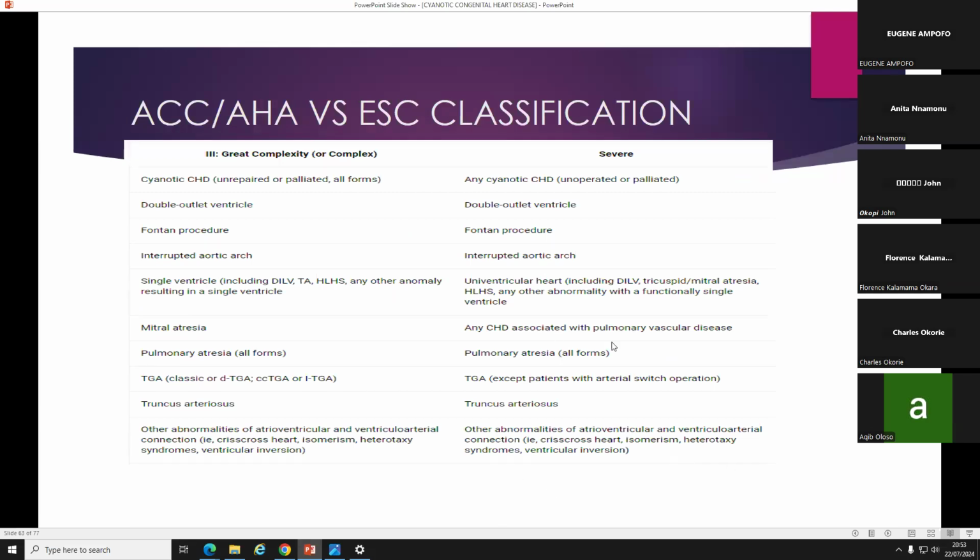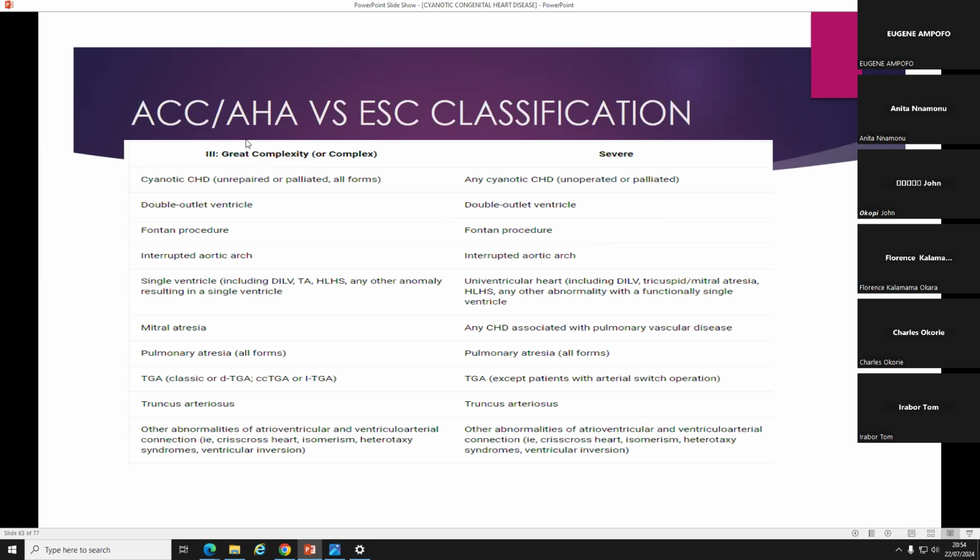So just a brief mention, I just highlighted this table because it was an academic discussion, sort of comparing the American guidelines and the ESC guidelines, or classification of complex congenital heart diseases. This just means that they require closer follow-up, and just to keep a closer eye on them in terms of follow-up.